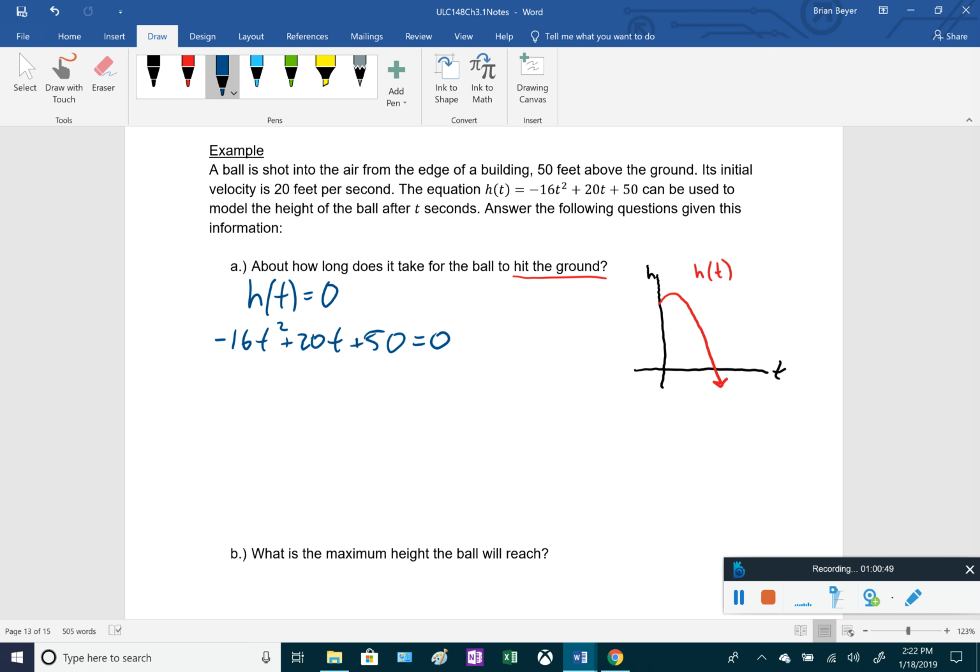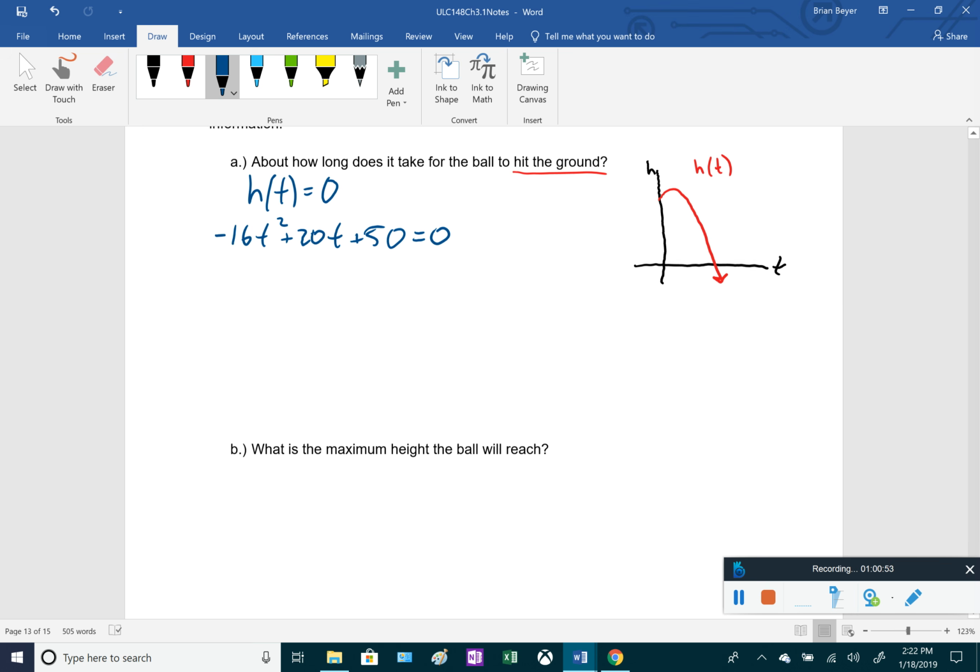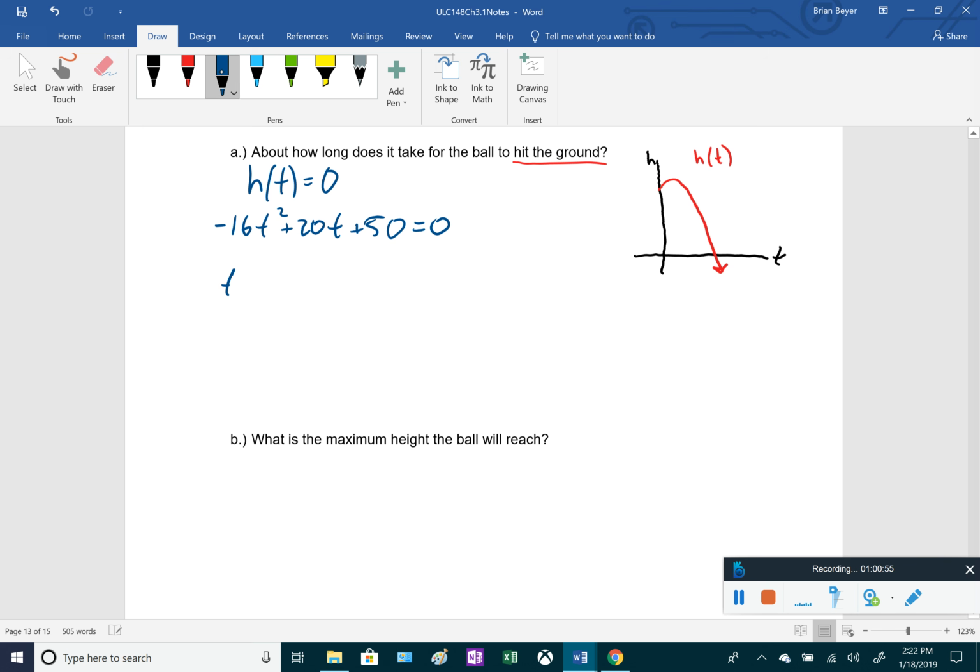So this time we're going to need the quadratic formula. So it's going to be t instead of x equals negative b plus or minus the square root of b squared minus 4ac all over 2a. So the numbers are a little bit bigger here.